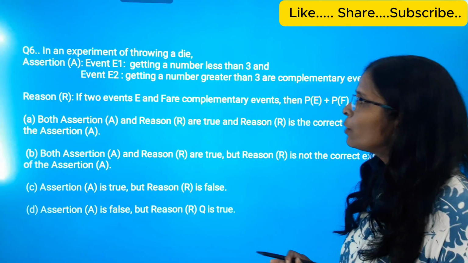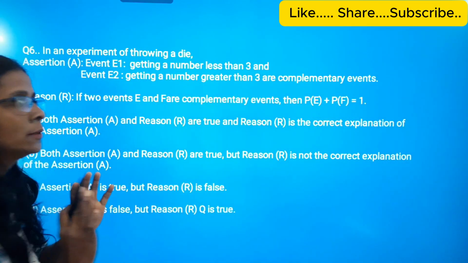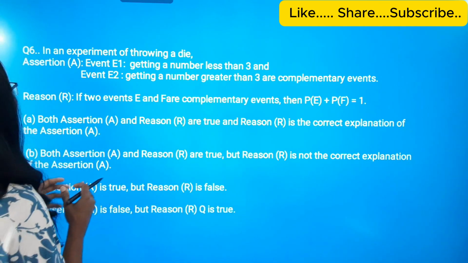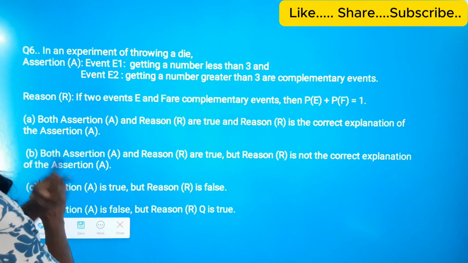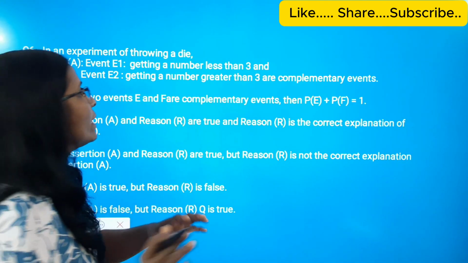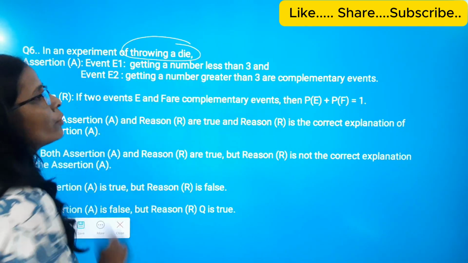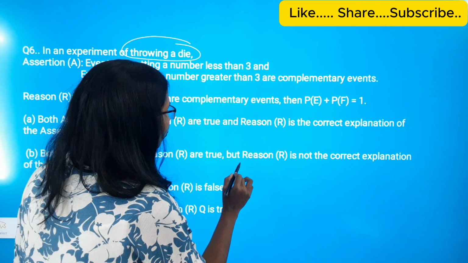Okay, so now here, students, first we come to the assertion. The assertion is about the two events. The experiment is throwing a die.